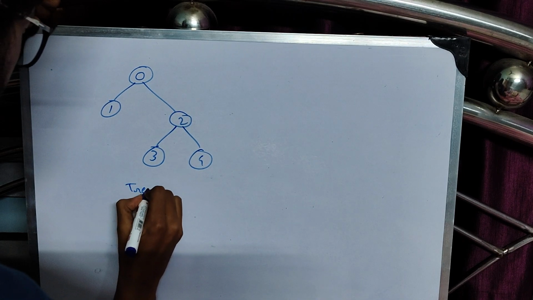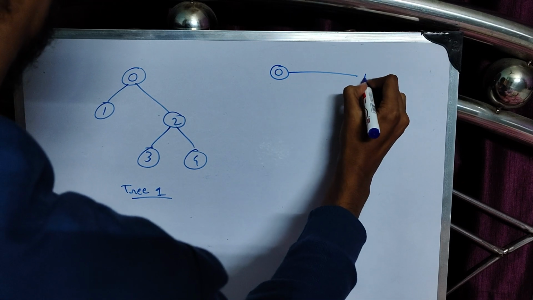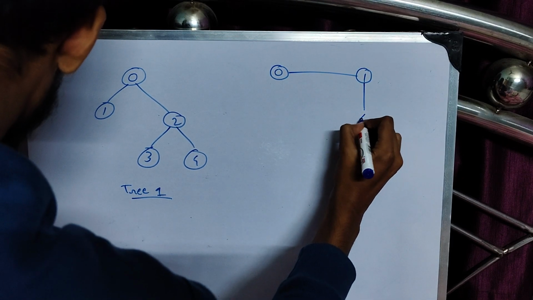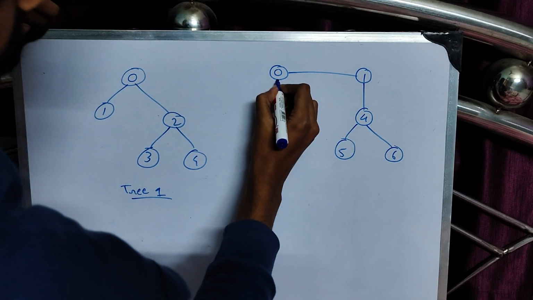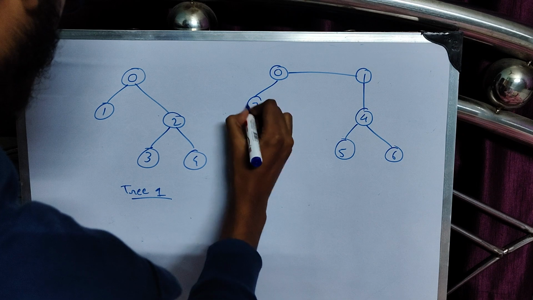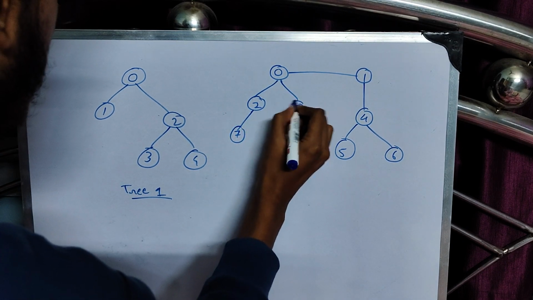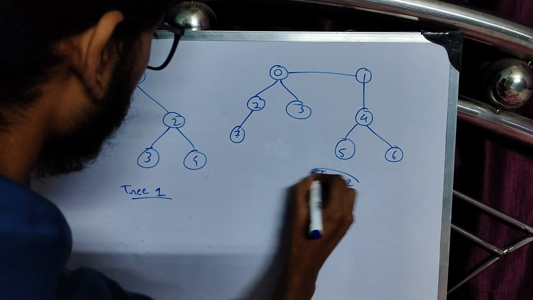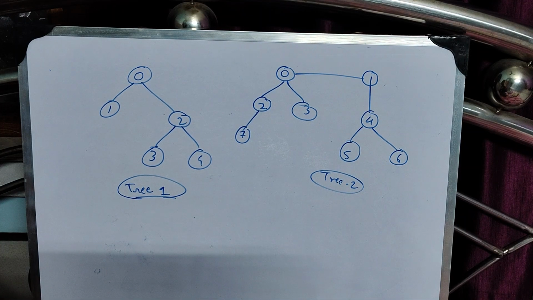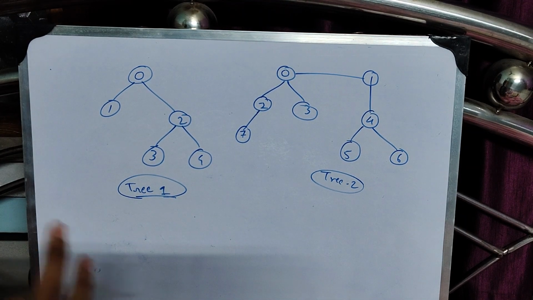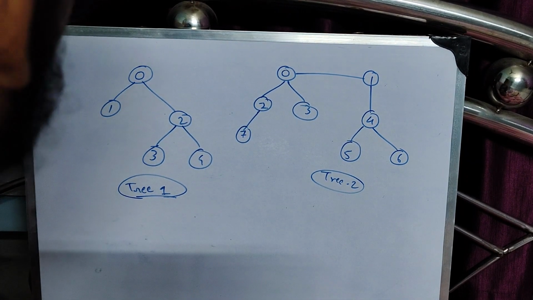This is tree 1, with nodes 0, 1, 4, 5, 6, 2, and this is tree 2, with nodes 7 and 3. Our approach will be pretty similar to what we have done in the previous question, 3372.